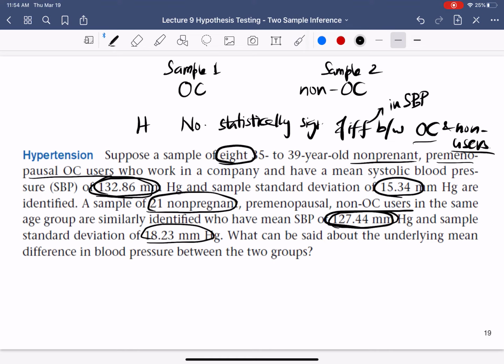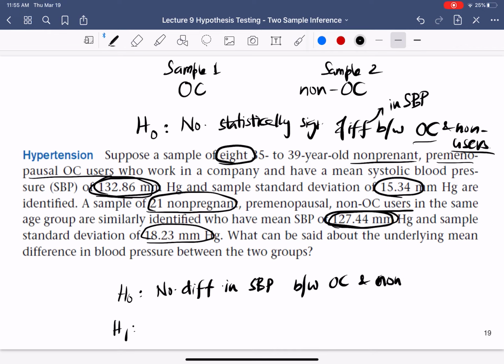So this is H0. So remember that here we considered that we have two hypotheses, H0 and H1. So H0 says that there is no difference in systolic blood pressure between OC and non-OC users.